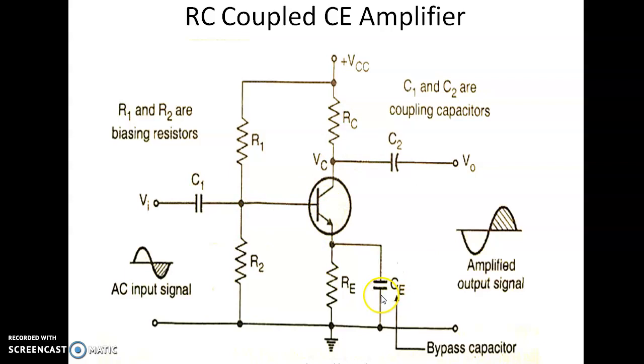We are measuring the output characteristic, and in the first case we are applying the voltage divider, VCC minus ICRC minus VCE is equal to 0. When we keep IC equal to 0, then VCE is equal to VCC, and when we keep VCE equal to 0, IC is equal to VCC upon RC.